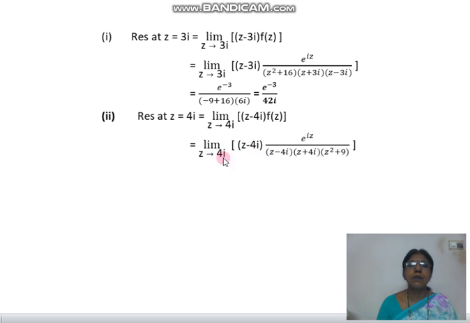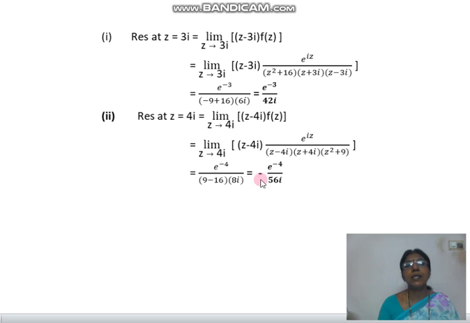Then substitute 4i in place of z: e power i into 4i, that is 4i square, so e power minus 4 comes in the next step. Then here the factor has already cancelled. In place of z, 4i plus 4i is 8i. Here z square means 16i square, that is minus 16, so minus 9 minus 16. After calculation you get this value.